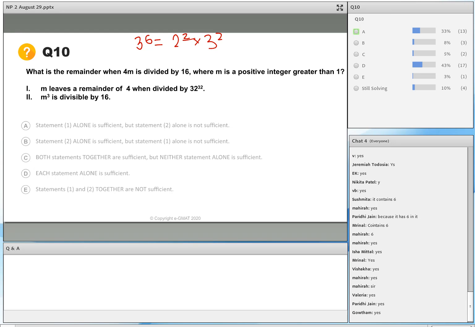Can the exponent ever be a non-integral number in the prime factorization expression? Can that ever be a non-integral number? It can never be a non-integral number, right? Perfect. With this information, we'll move ahead.